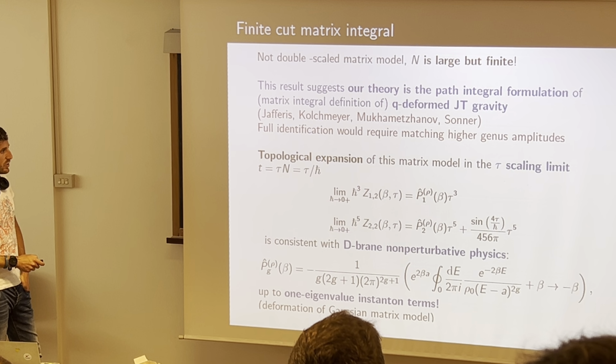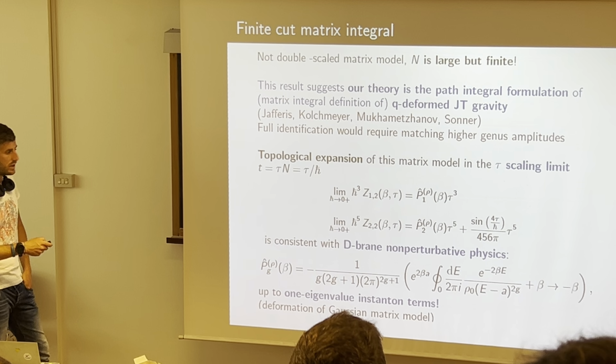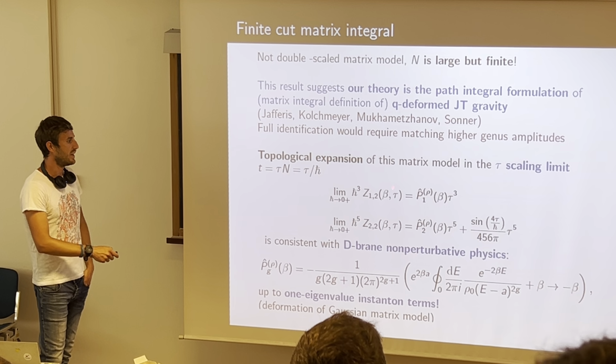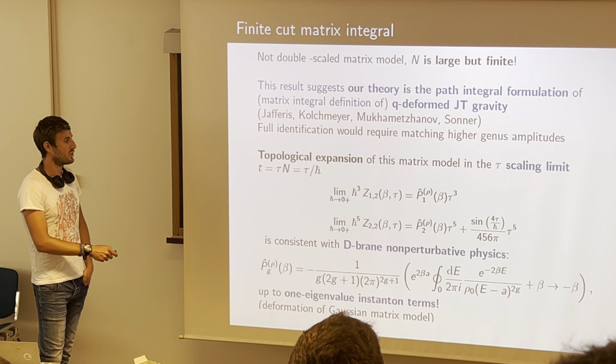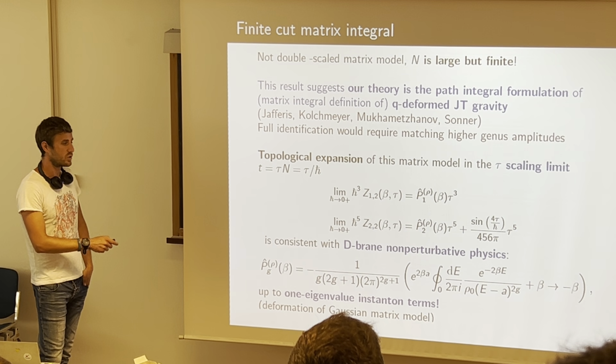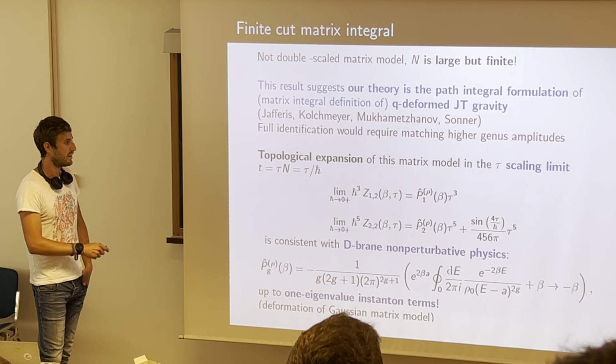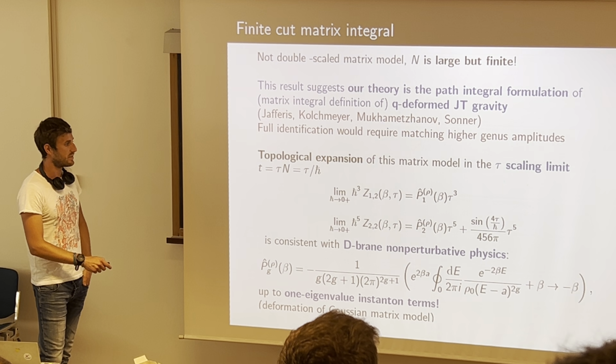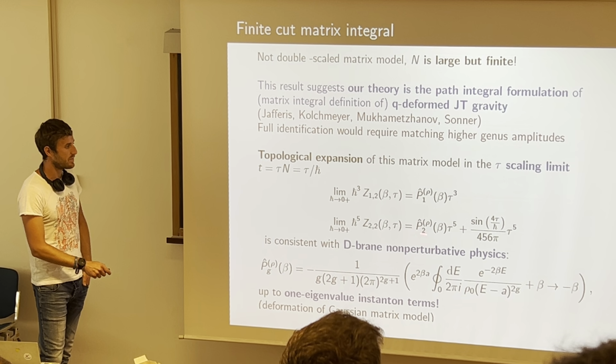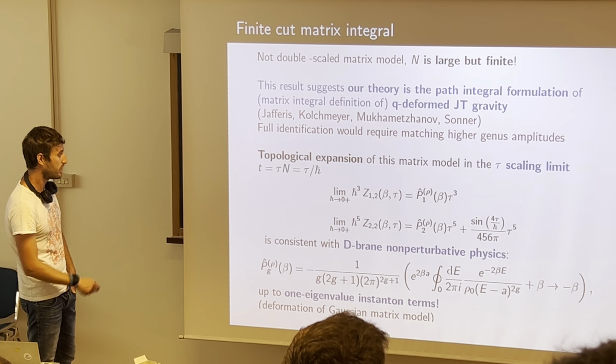And so what we did, we employed the topological expansion of this matrix model. So we computed, for instance, the spectrum form factor at genus 1 or at genus 2, etc. And then we consider this particular double scaling limit, right? And what we get is that we obtain these perturbative terms in the expansion at large tau, okay?